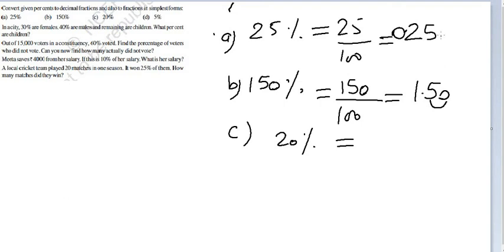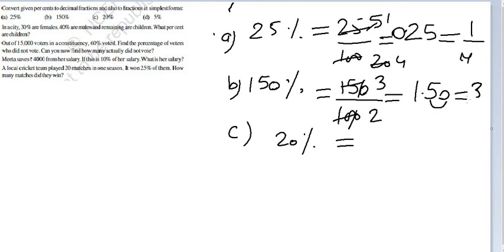So we can write this as, if we cancel 5, 5, here will come 20. So here we write fraction in simplest form also. In this case, simplest form is 3 upon 2. Here in 20% we can write it 20 upon 100. So this will be 0.20.